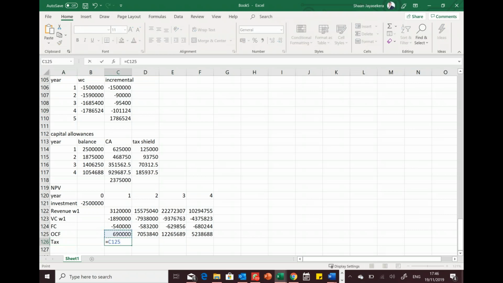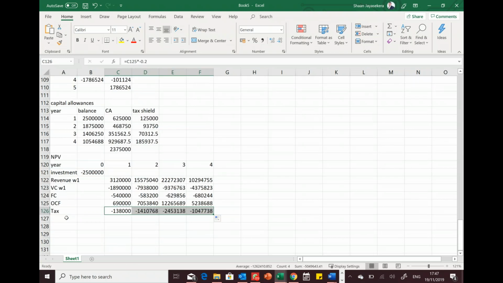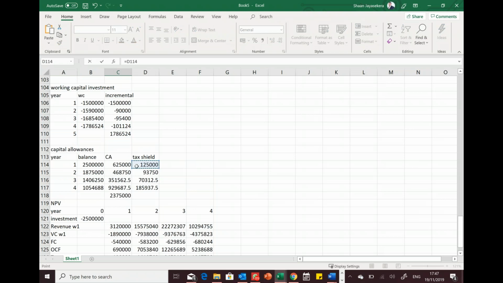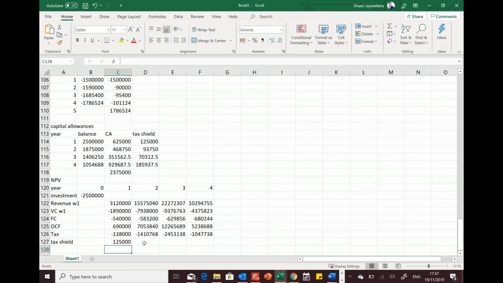Same year, so that will be that into 0.2. Again, you can treat this as a minus. Then it comes as a cash outflow. Okay. Then to this, bring your tax shields. You can cross-refer the working. So that's a tax shield of that much. In this period, it's a tax shield of this much, and so forth.